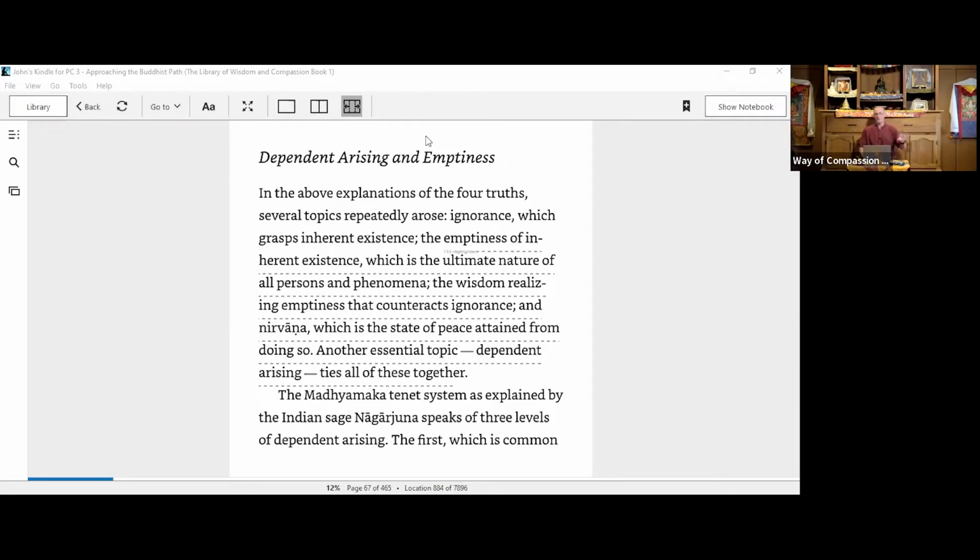All of these things were touched on in the Four Noble Truths, and now he's going to share that the Madhyamaka tenet system, so that's the middle way, an approach of Buddhism as explained by the Indian sage Nagarjuna, speaks of 3 levels of dependent arising. Ultimately, the point is that something does not arise from nothing.